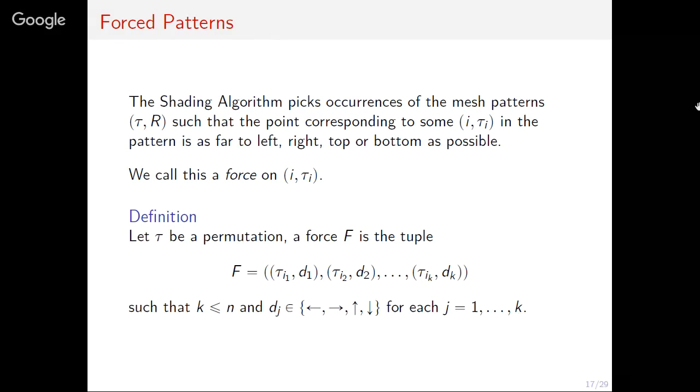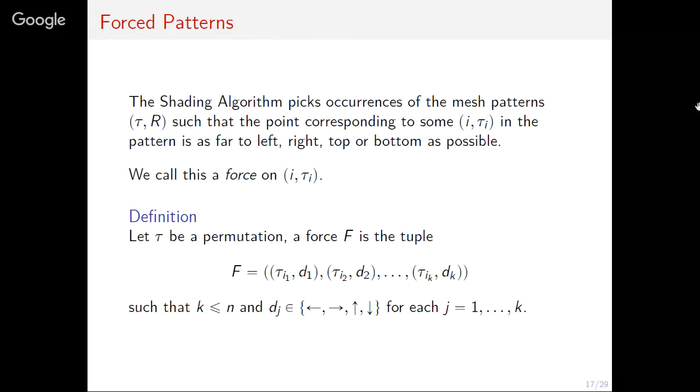More formally, a force is a tuple consisting of tuples of a point in some pattern and some direction. So we're basically saying that the first point should be as far to the direction D1 as possible.